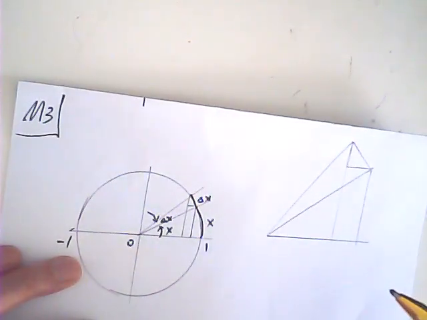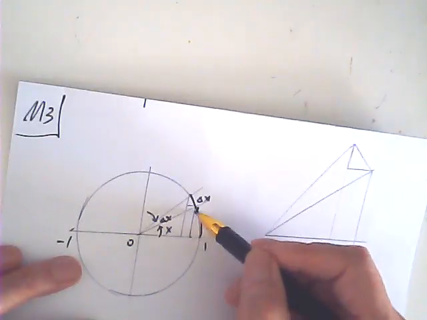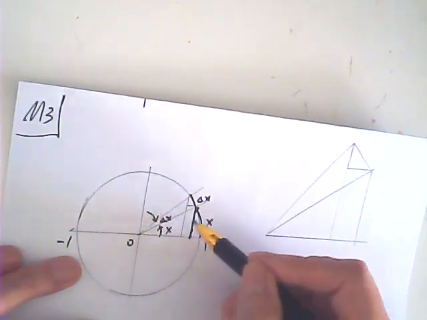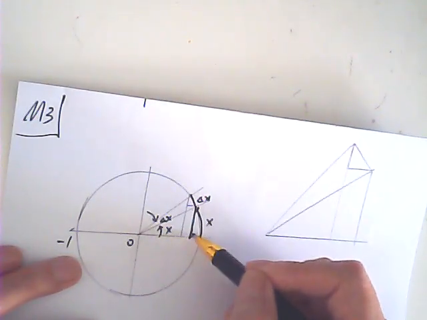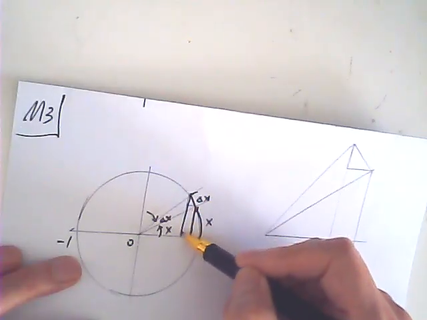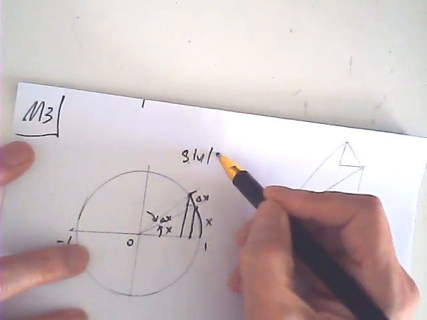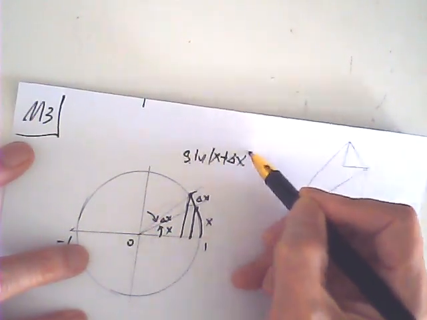Right? This height is sine x. This is x. This is 1. This is sine x. This is sine x plus delta x.